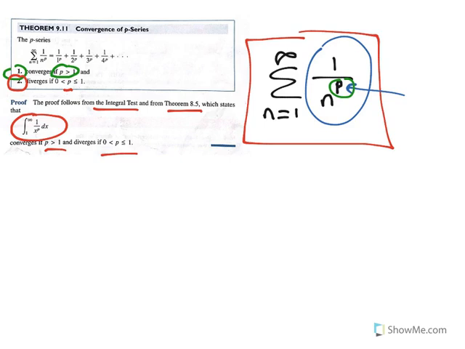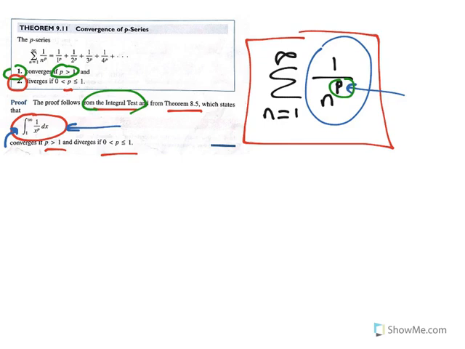Because remember, the integral test says if the test is applicable, if your function is positive, continuous, and decreasing for x greater than or equal to 1 or some other integer, then you look at the convergence or divergence of the corresponding improper integral, and if the improper integral converges, the series converges. If the improper integral diverges, the series diverges.